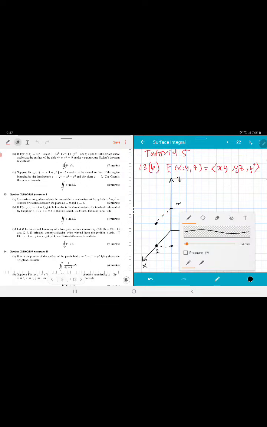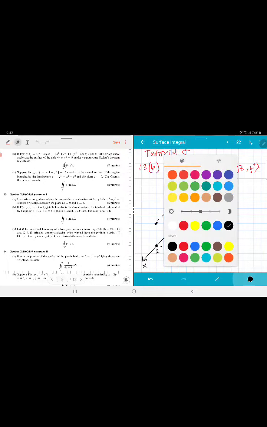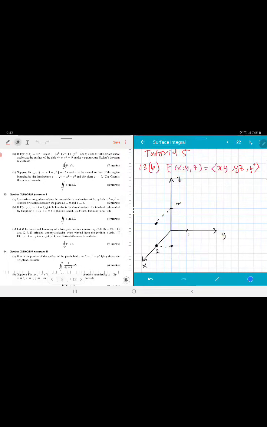Now let's connect the 3 points, because it says C is the closed boundary of a triangular surface. Let's use blue. We connect the 3 points, and that would be our closed curve. The orientation of the closed curve is anti-clockwise when viewed from the positive x-axis.